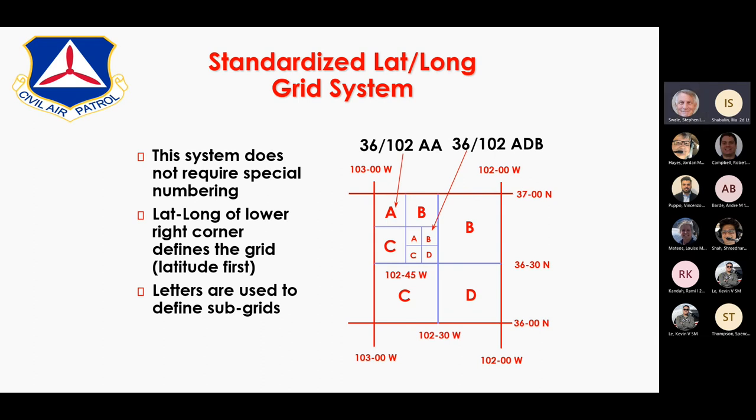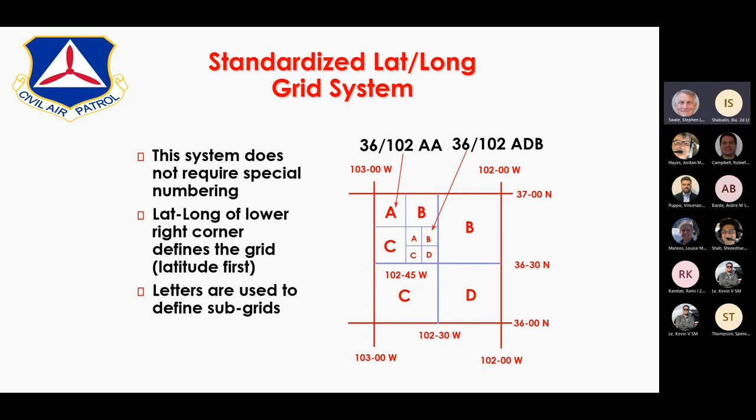An example of a CAP grid would be the Oakland squadron. It's like SFO 264 Alpha would be the CAP grid for the location of the Oakland airport. And so that would define this 7.5 by 7.5 minute grid.